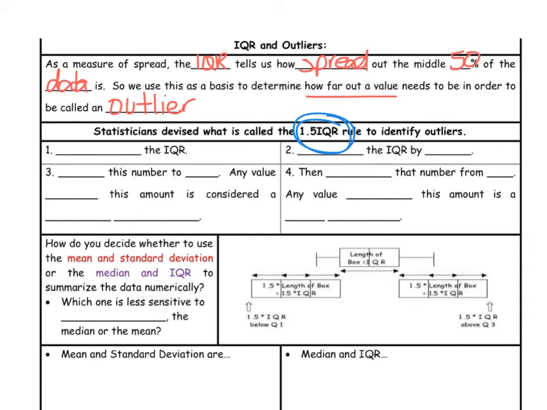So the first thing we need to do is to calculate the IQR, and that's just quartile 3 minus quartile 1. Then we multiply the IQR by 1.5. The number that we get by multiplying the IQR by 1.5, we add to quartile 3, and any value above this number is considered an outlier.